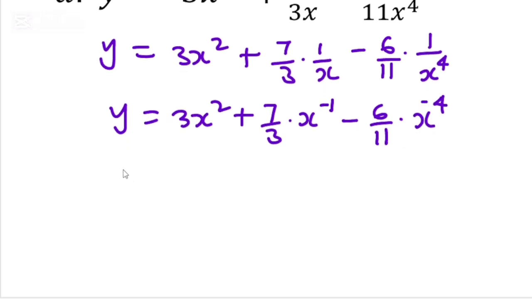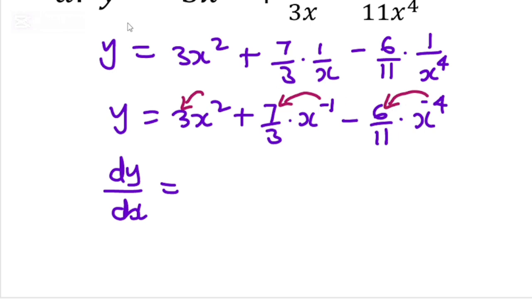So we can now differentiate, or we can now find the derivative. So we're going to have dy over dx is equal to this power multiplied by this coefficient, this power multiplied by the coefficient, even this power multiplied by the coefficient.